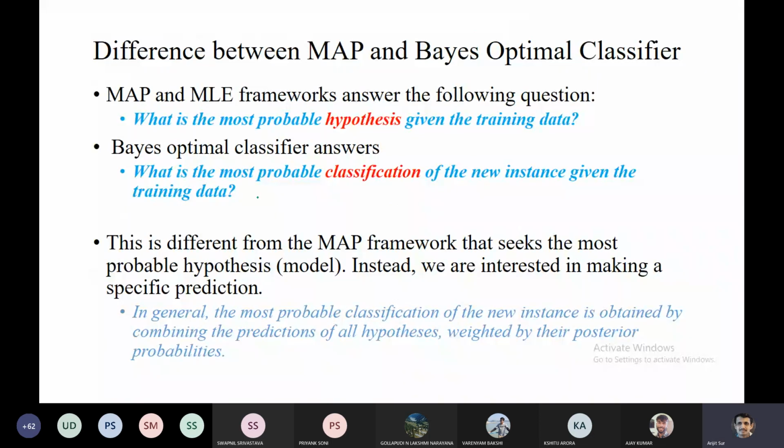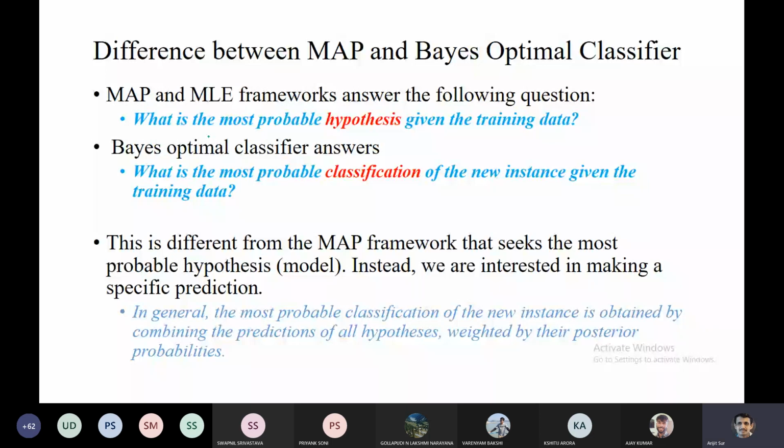Now, this is the basic difference I'm trying to say: MAP and Bayes optimal classifier. MAP and MLE: MLE is a kind of constrained version of MAP, where the hypotheses are equally likely, so the probability of each hypothesis is the same.